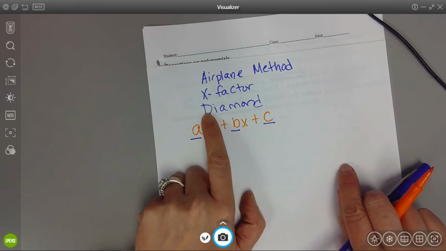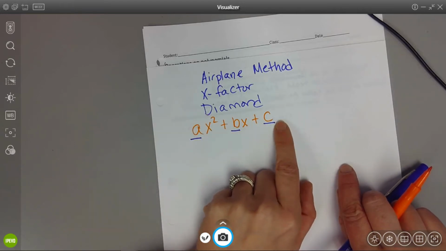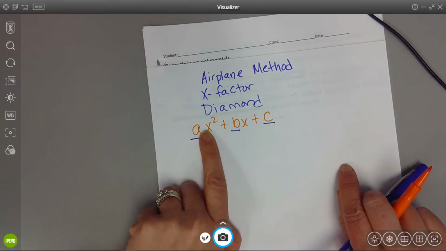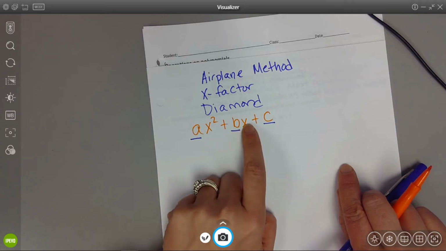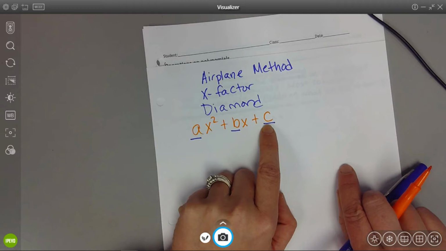The x squared will be there, the x will be there, and your third term does not have a variable with it. Your a term is always going to be the squared term. Your b term is always going to be the single variable, and again, your c term will always just be a plain number, a constant by itself.